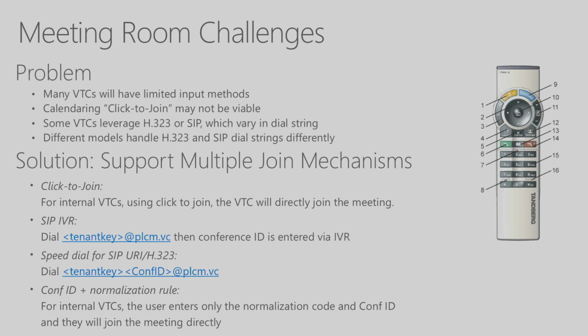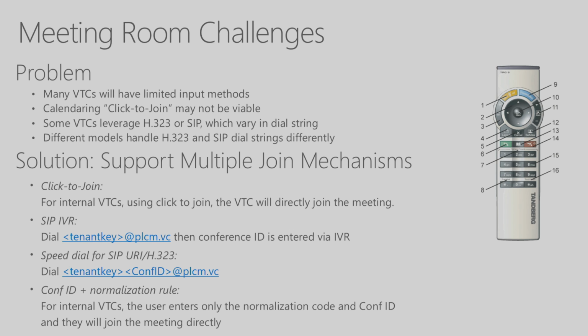That's fine. The other mechanism, and this is actually more similar to the Microsoft Video Interoperability Server, is basically giving each tenant an IVR service, or what is traditionally called a virtual entry queue. This gives you the ability to effectively have a speed dial, if you like, on all of your systems that everyone clicks, and then they get some sort of announcement service that says, enter your conference ID.